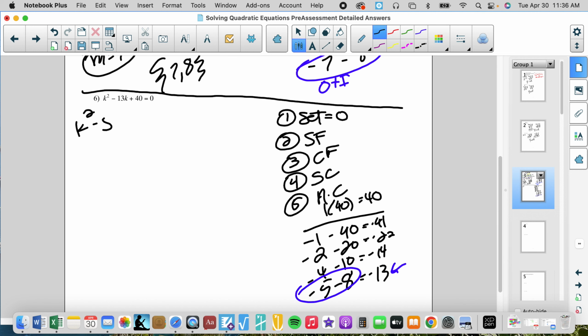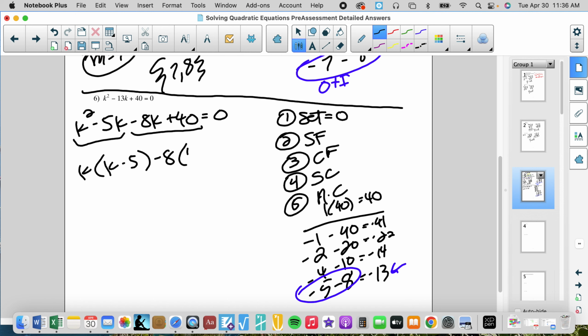k squared minus 5k minus 8k plus 40 equals 0. We're going to factor the first 2. We'll factor out a k. You get k minus 5. We'll factor out a negative 8. We get k minus 5. k minus 5 times the quantity k minus 8 must equal 0.